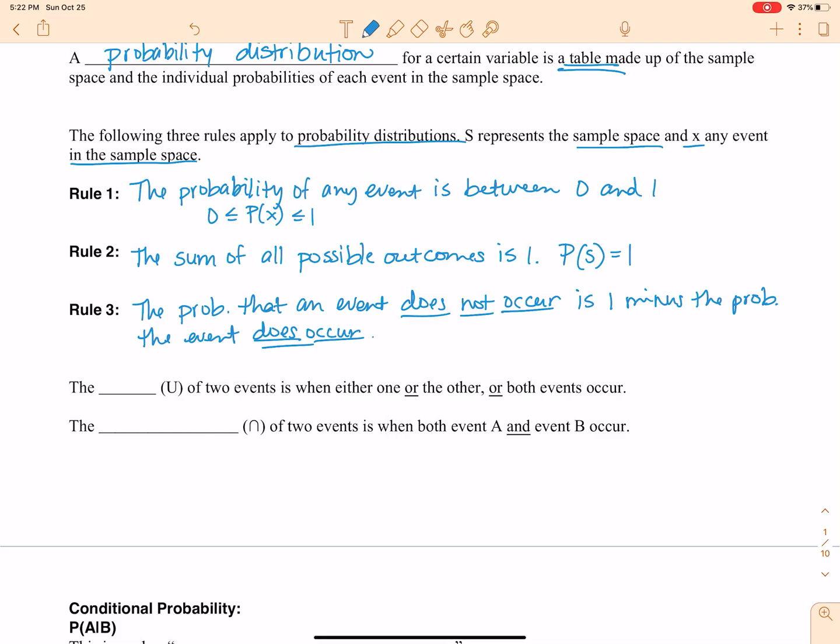So in other words, that means that the probability of A sub C is 1 minus the probability of A.